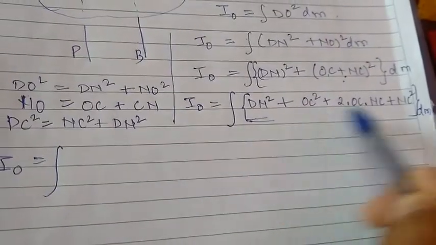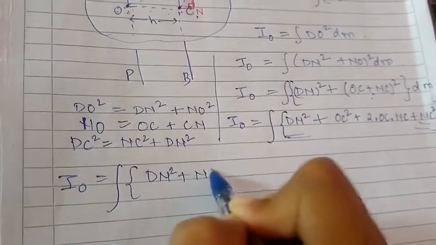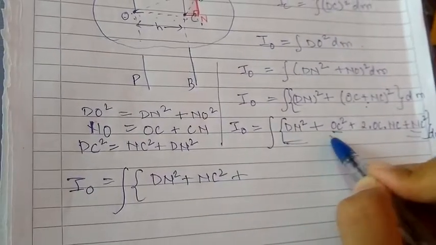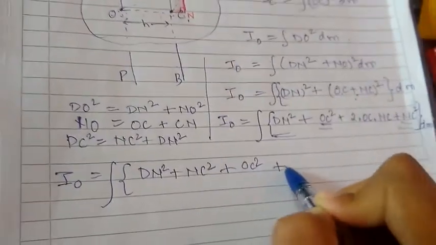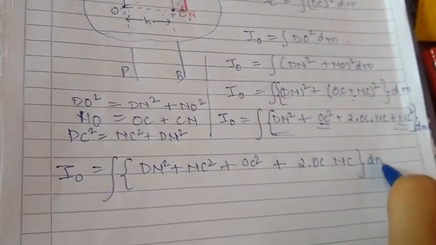Right? In this equation, you can see DN square plus NC square is there. So you can write those two terms together, DN square plus NC square, and the remaining terms are OC square plus 2 OC NC, whole multiplied by dm.